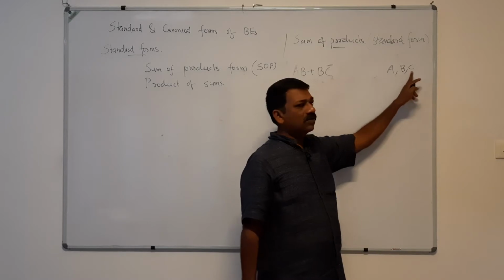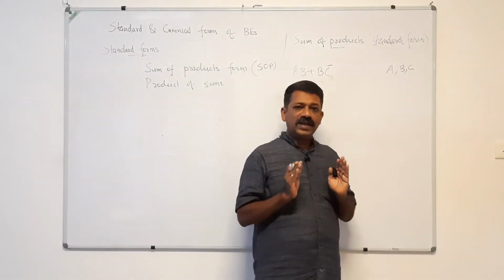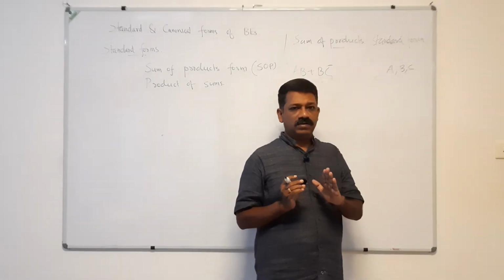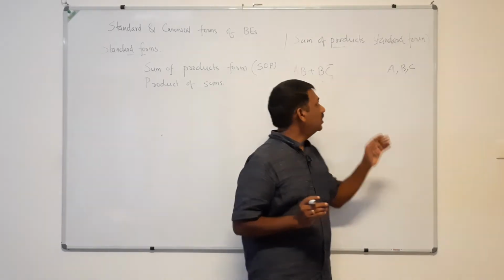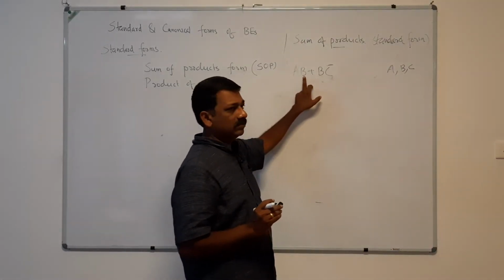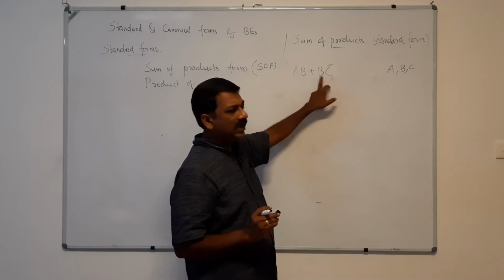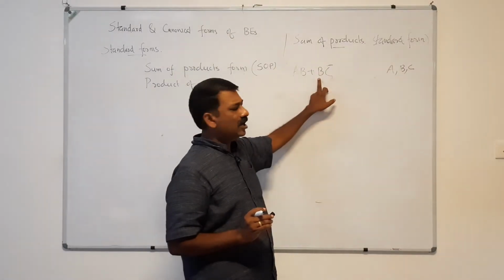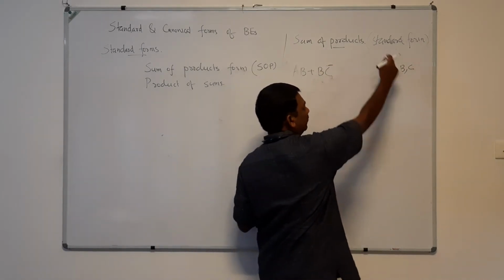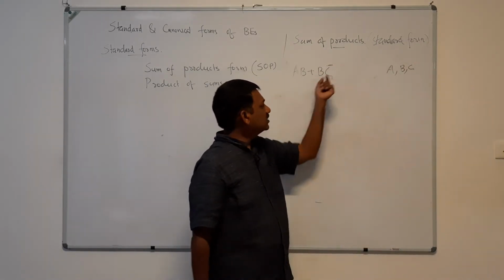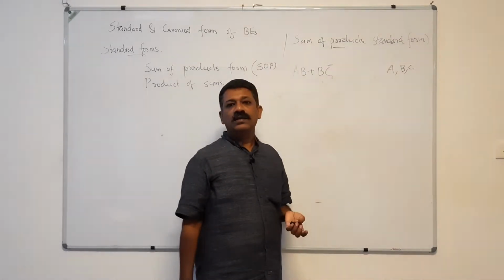That means in every term there should at least be A or A bar, B or B bar, and C or C bar. Here we don't have a C term, and here it is lacking the A term. Now, how do we convert this to standard form? The standard form is that it should have every variable in every product.